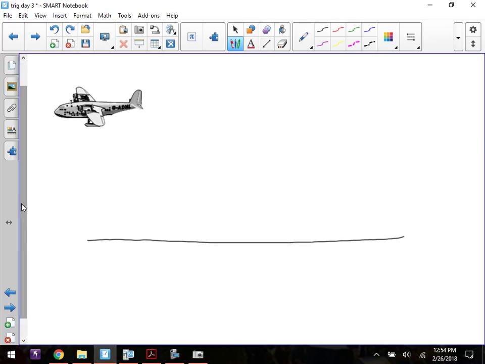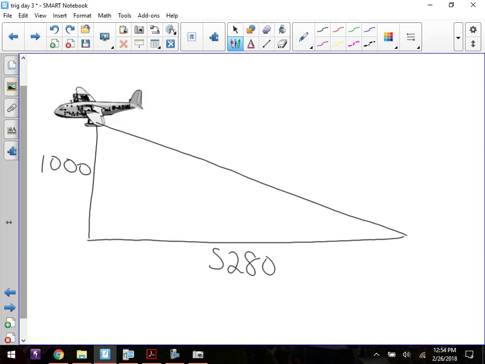So it says that over time, it's 1,000 feet up. Over the course of a mile, it rose to 1,000 feet. What's its angle of elevation?